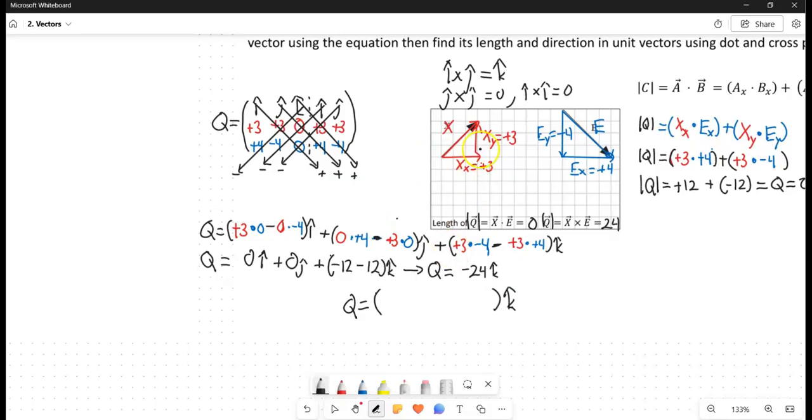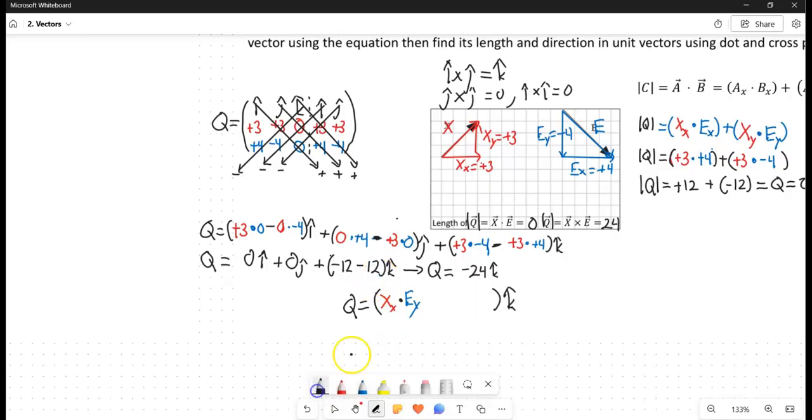Since I did red, we're going to go in order. We're going to go this positive x here. We're going to take X, the X direction of X, and multiply it by the Y direction of E. So we're going to go this guy times this guy.